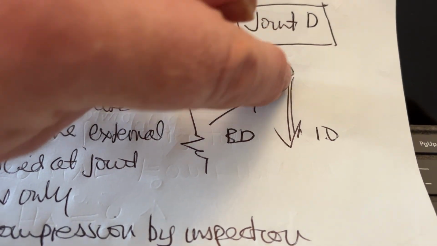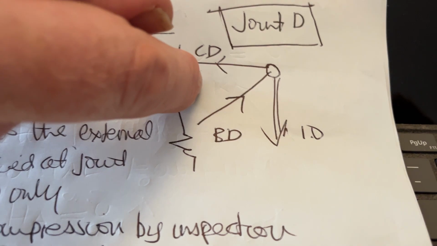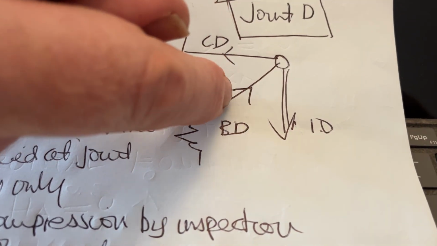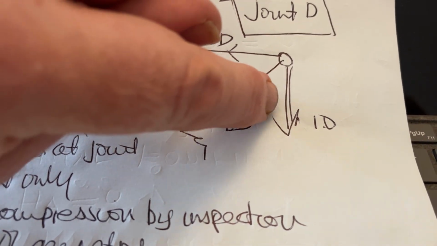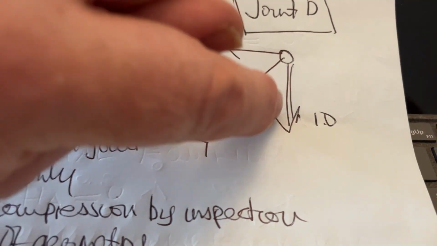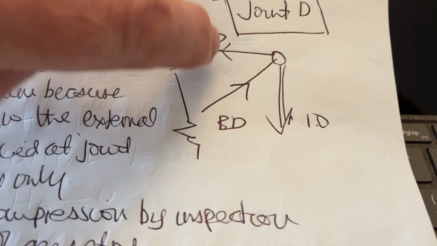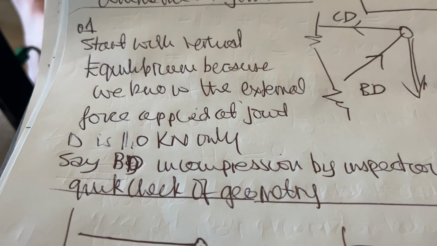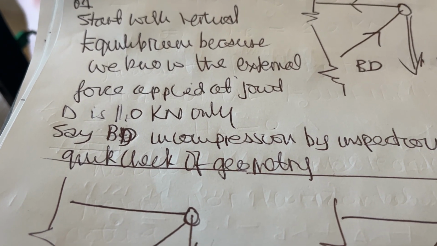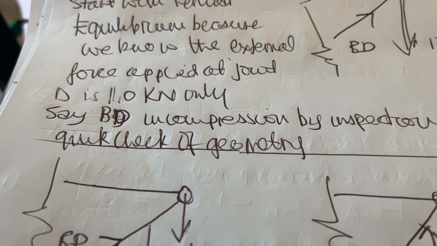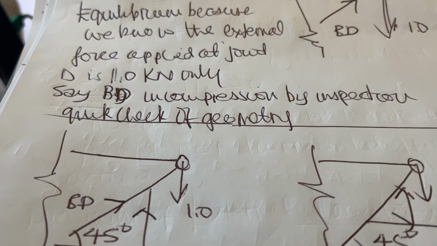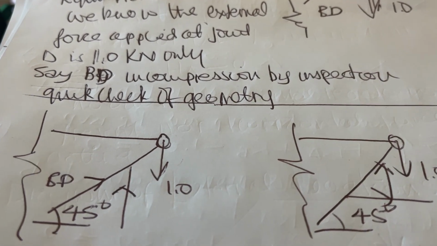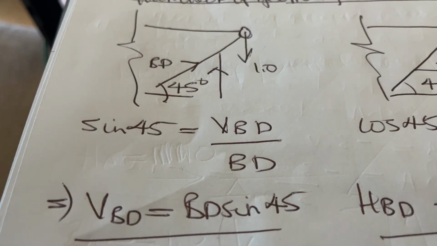That is compression going into the joint. And then the horizontal component HBD must be going from left to right. That means CD must be going from right to left. So CD is tension. Start with vertical equilibrium because we know the external force applied at joint D is 1 only. Say BD in compression, by inspection, quick check of geometry.